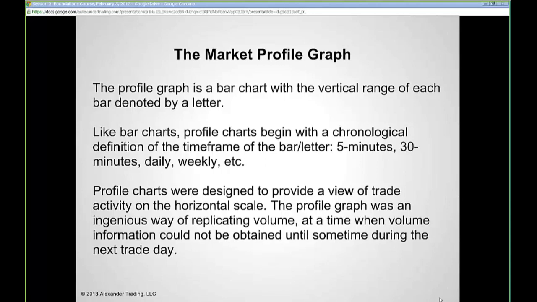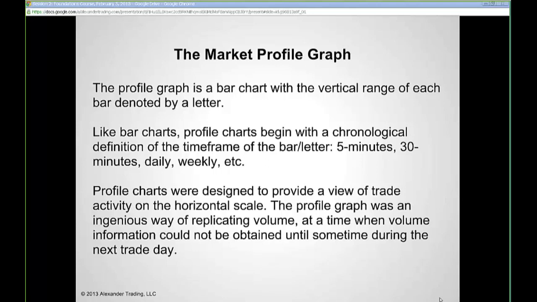So the profile graph is basically a bar chart, but the vertical range of each bar is denoted by a letter. Profile charts have some chronological standard. They can be 5 minutes, 30, daily, weekly, monthly, yearly, just as a bar chart will.